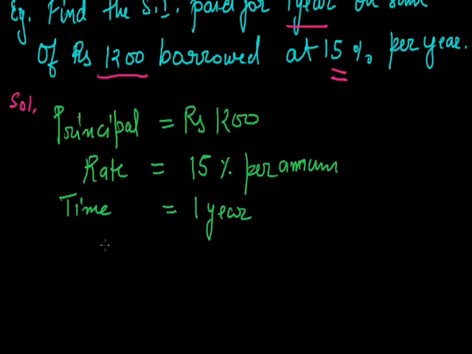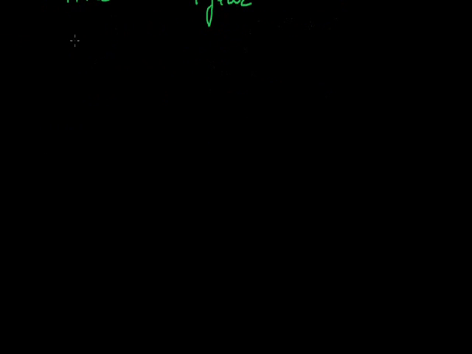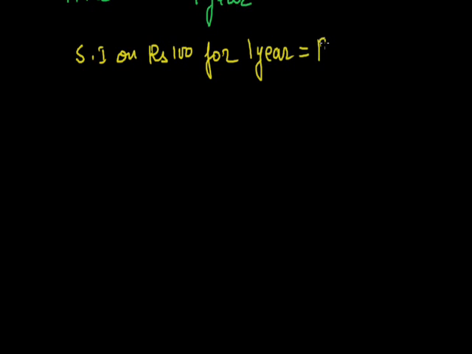Now since the rate of interest is 15%, this means that we have to pay an interest of rupees 15 on 100 rupees for 1 year. So we can write that SI on rupees 100 for 1 year is rupees 15.